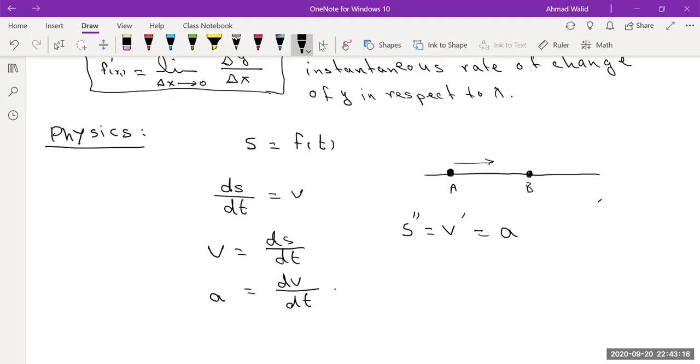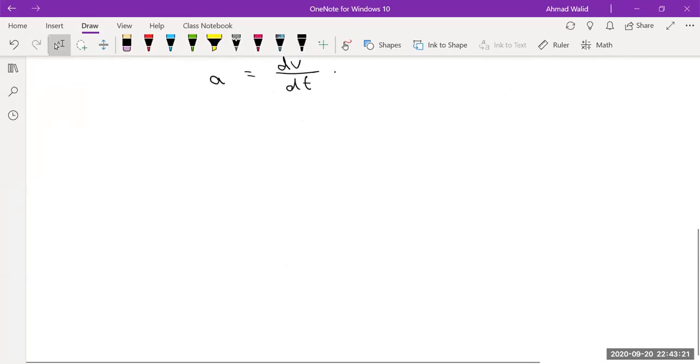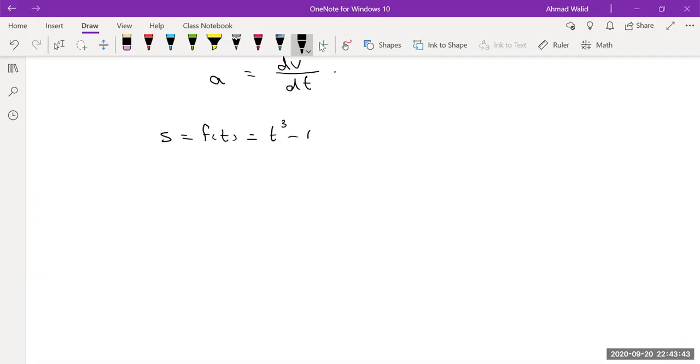Now, here is an example to explain this very well for you. I'll copy this example from your book. The position of a particle is given by the equation s equals f of t equals t cubed minus 6t squared plus 9t.